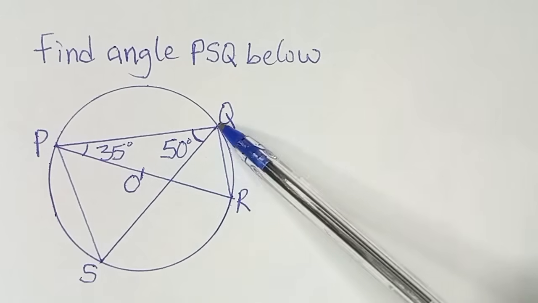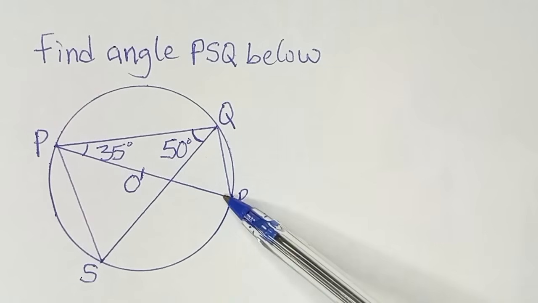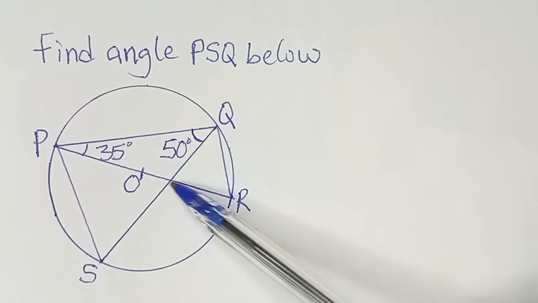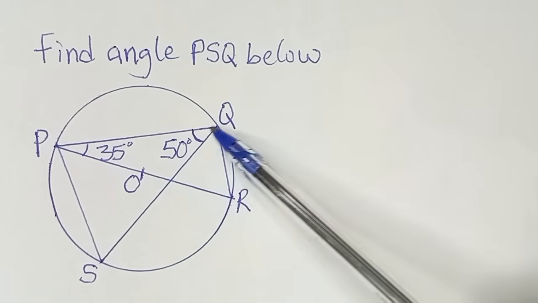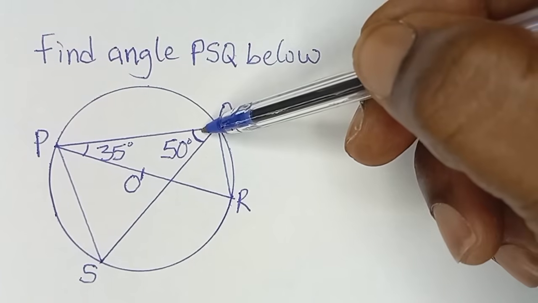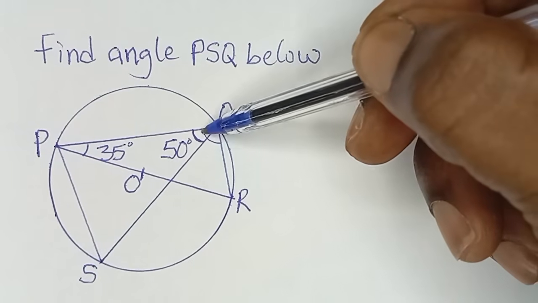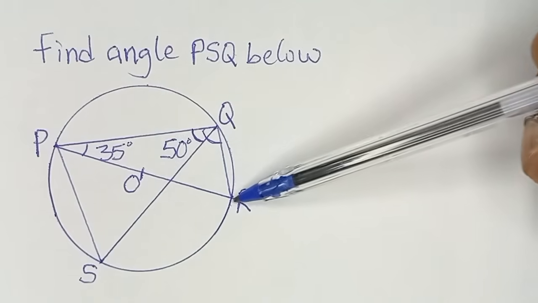This diameter line has an angle opposite to it in triangle PQR, and that angle is this angle here.